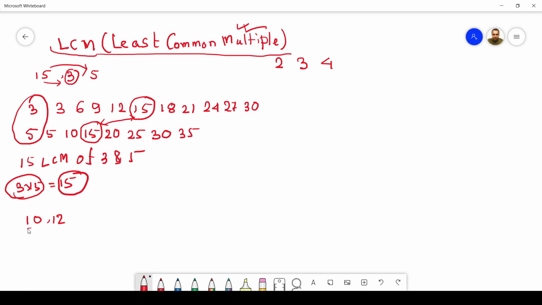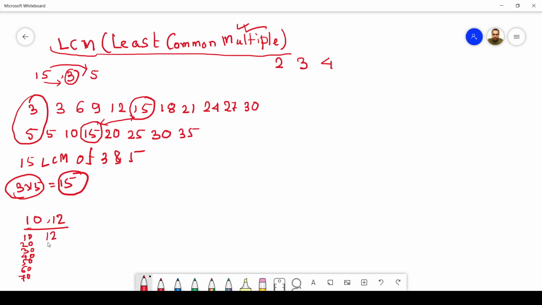The multiples of 10 are 10, 20, 30, 40, 50, 60, 70 and so on.